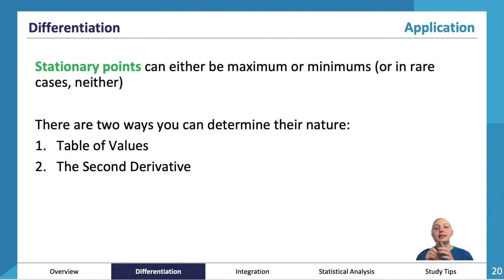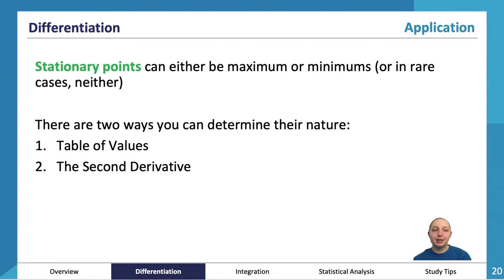The reason for that being, at a maximum, your gradient goes positive, then flat, and then negative on the other side. And then the opposite is true for minimums. You'd have a negative, a 0, and then a positive when you're looking at those 3 numbers.